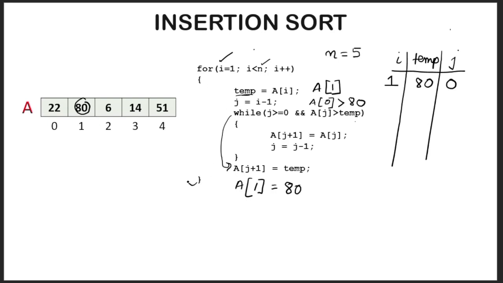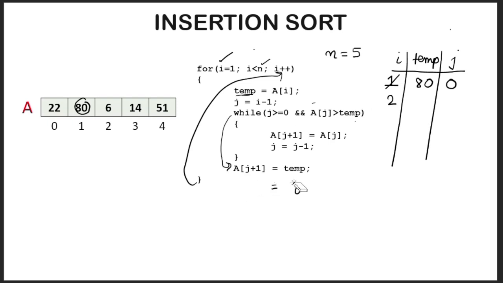After the working of the first pass, we are going to return to I plus plus. So I becomes 2 now. We will check again the condition, 2 is less than n or not. So yes, 2 is less than 5, right? So temp is equal to A of 2. What is A of 2? A of 2 is your 6. So now temp contains value 6.